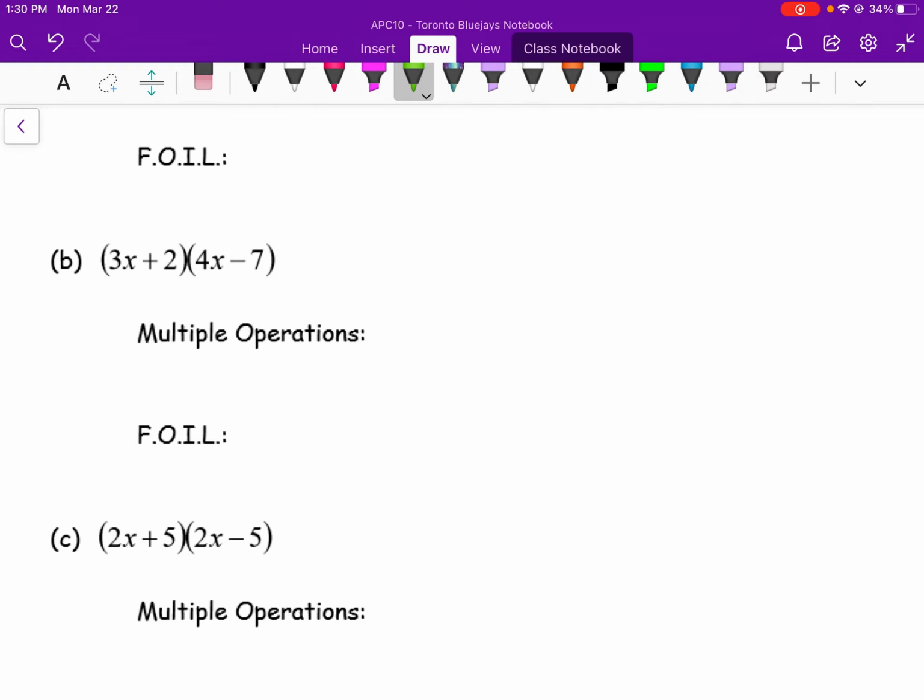So 3x plus 2 times 4x minus 7. So what I would get, if I was to FOIL it, is 3x times 4x, 3x times minus 7, and then 2 times 4x, and 2 times minus 7.